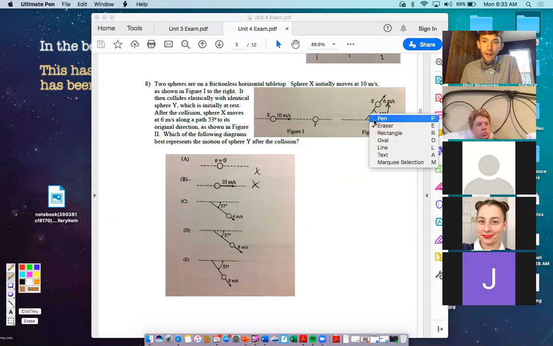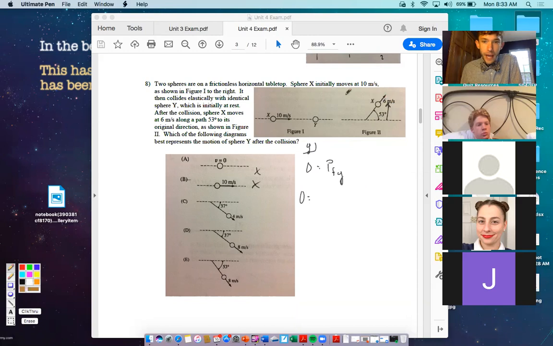Let's see. I know that the y momentum at the beginning was 0. So that's got to equal the final y momentum. And looks like the final y momentum is going to be, they both have the same mass, so the mass of sphere x times sphere x's y velocity, which is going to be 6 times the sine of 53.